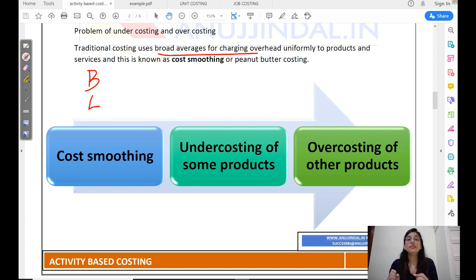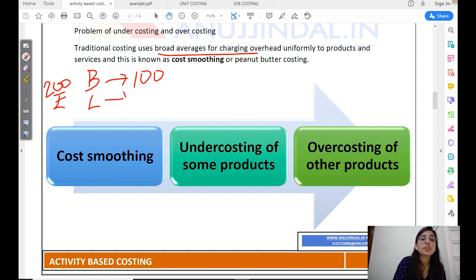So there is a shop which is producing both burgers and lemonade, and its electricity bill comes out to be 200 rupees. Now this electricity bill is an overhead because it cannot be easily identified with the different products. So 100 burgers were produced and 100 lemonades were produced.